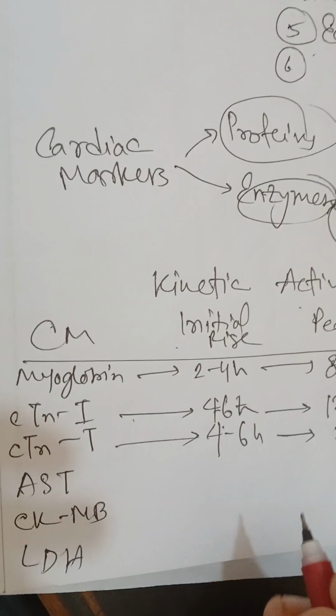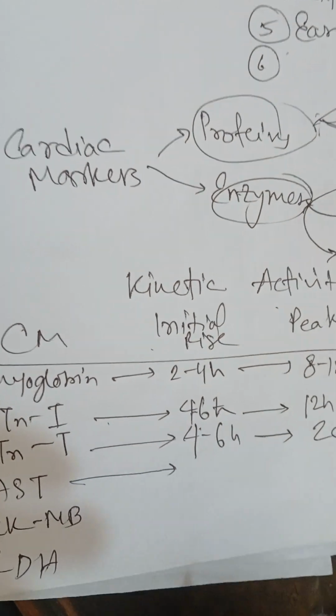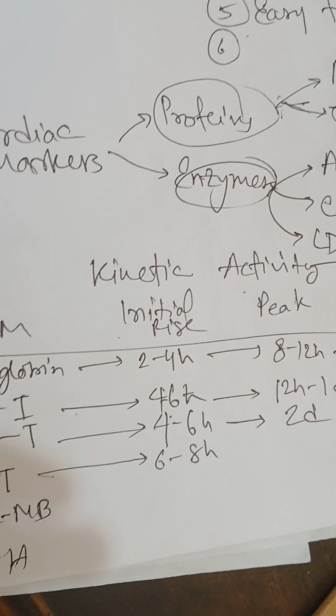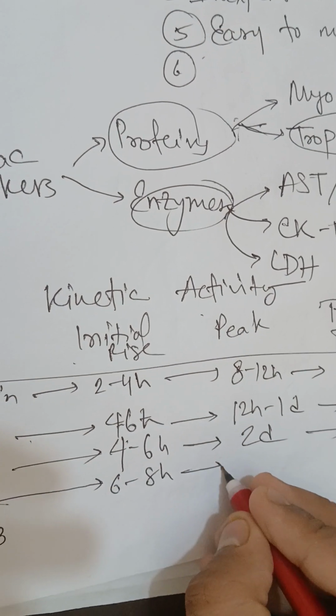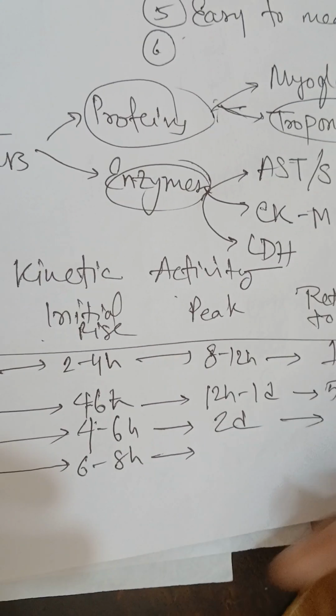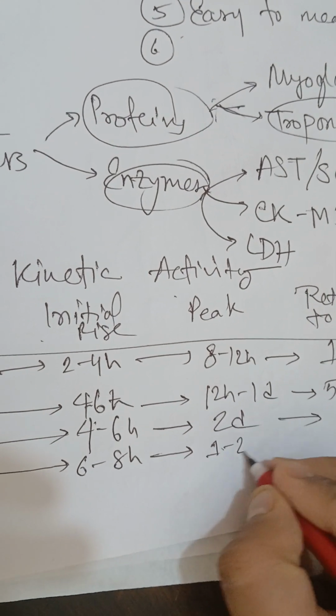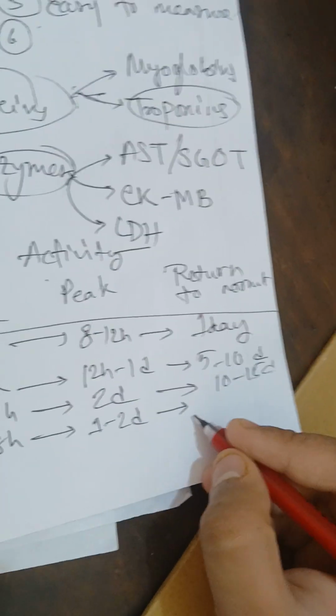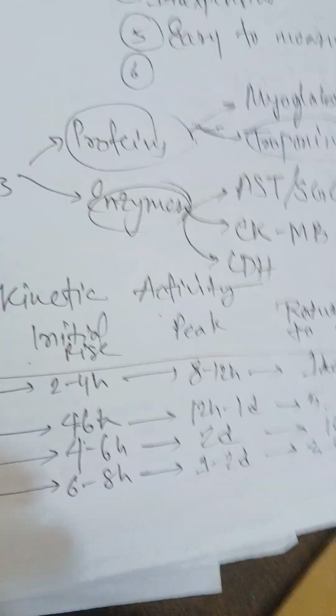Now aspartate aminotransferase: after 6 to 8 hours initial rise is seen, peak after about 1 to 2 days, and return to normal after 3 to 4 days.